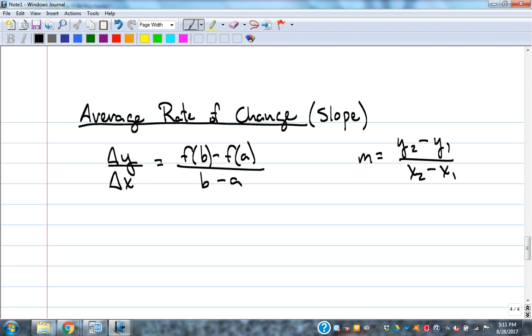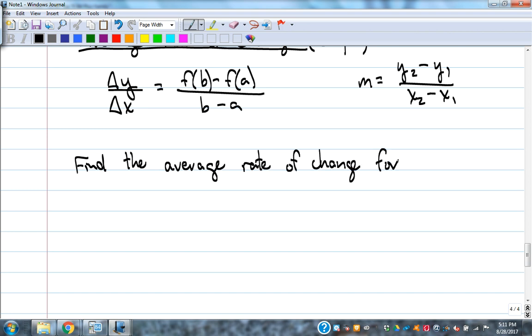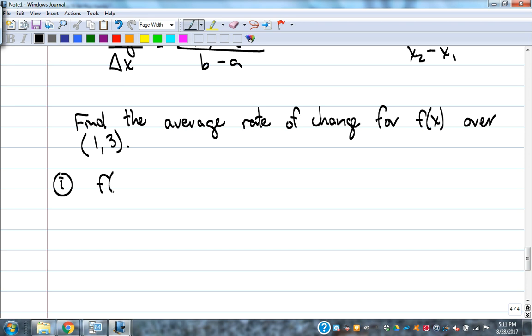If we're going to find the average rate of change, we need two ordered pairs to do that with. So if we had a function and we want to find the average rate of change for f of x over 1, 3, we're on example I. Here's our function, 2x squared minus 5x.